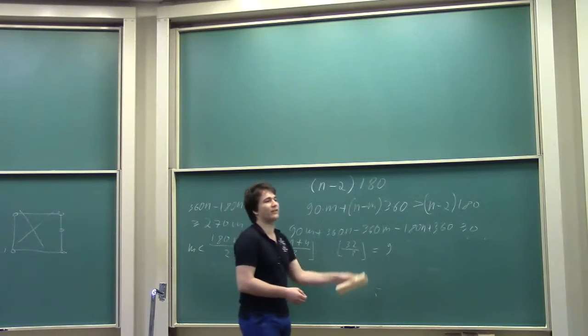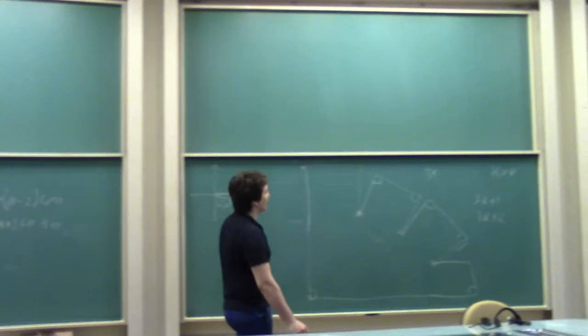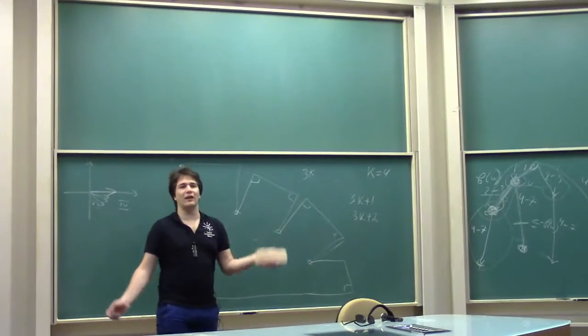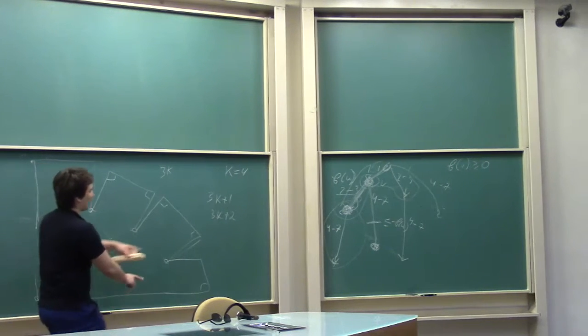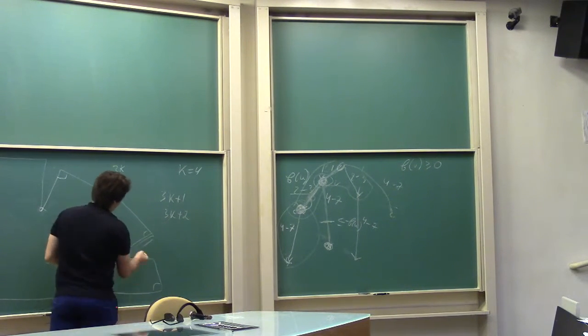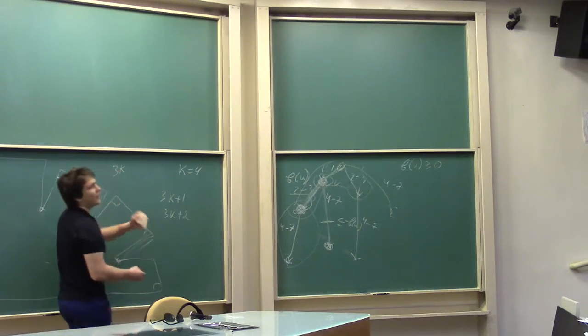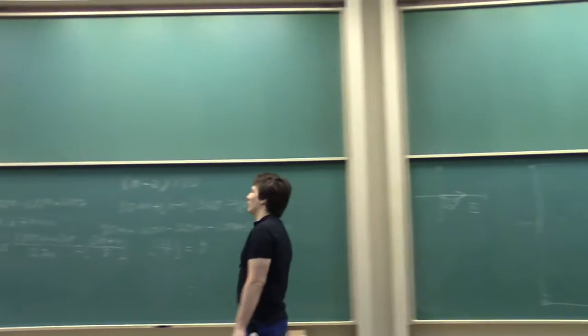So I can't have 10. I still can only have 9, and that means I can just add one more node to any place I want. For example, I can rotate this tooth, or I can make a step here. It doesn't matter. There are tons of ways to add nodes without increasing the number of angles.